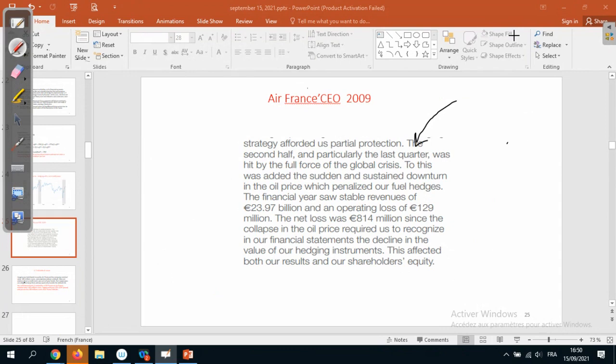The financial year saw stable revenues and an operating loss of 129 million, but the net loss was in fact 814, since the collapse in oil price required us to recognize in our financial statement the decline in the value of our hedging instrument. They sold, in fact, their swap.